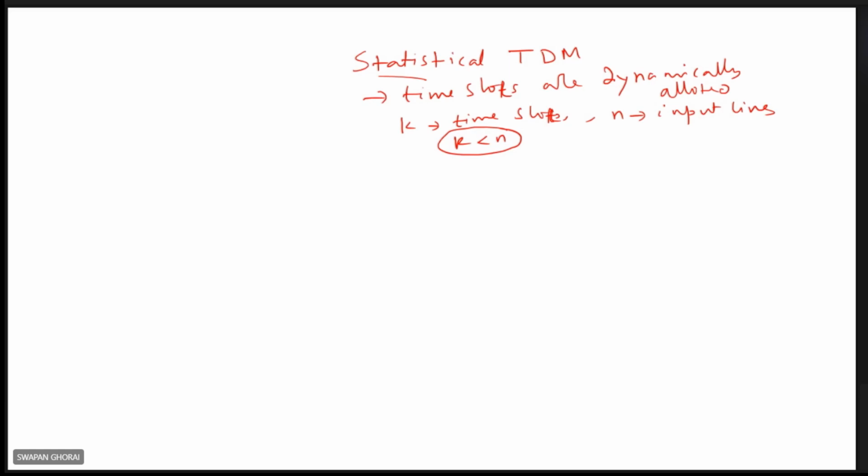At that time it will skip the line and check the next line. So one thing you can say here is, in statistical TDM, what does it consider?